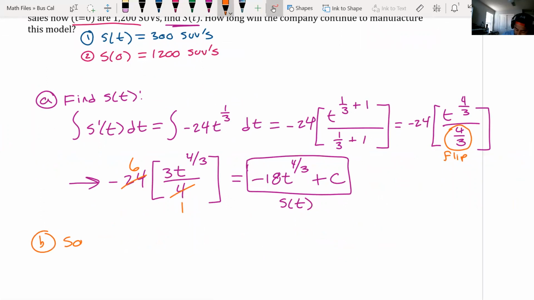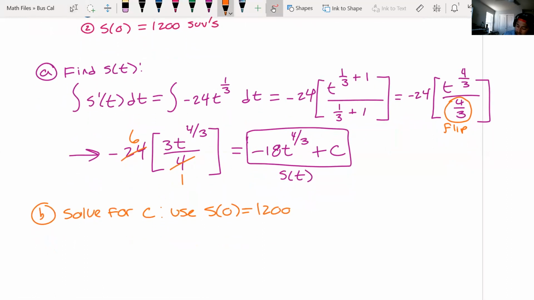Step B, solve for c. Use that S of 0 is equal to 1,200. So our equation is S of t equals negative 18t to the 4/3 plus c.